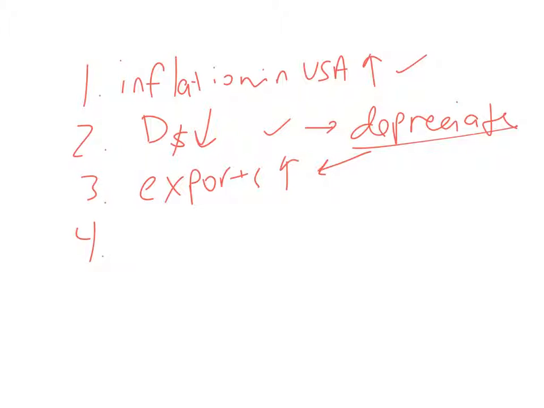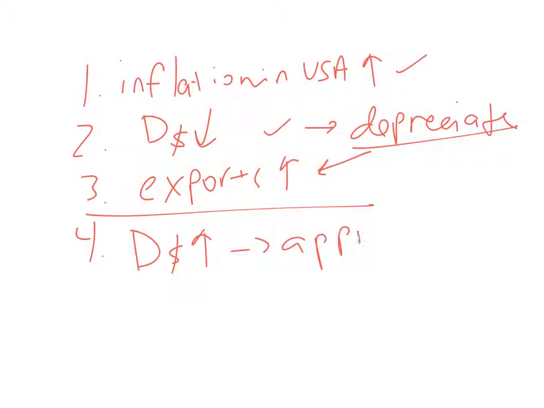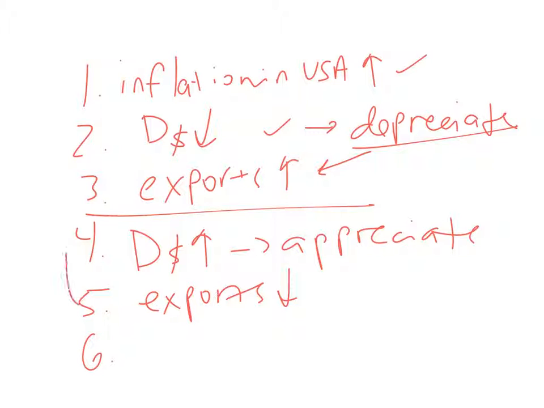In order to get those exports, the demand for the dollar rises, which causes the dollar to appreciate. Which means the appreciation is going to make exports more challenging for foreigners to buy, and exports will fall, which then goes back to the demand for the US dollar falling, and it starts all over again.